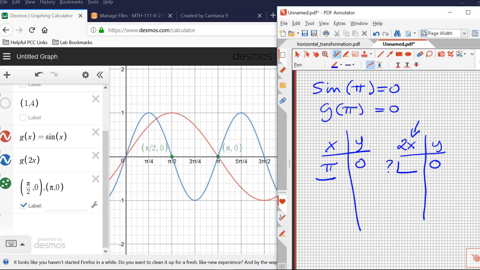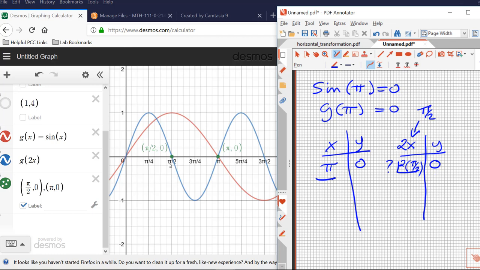Well, it appears that if I entered pi over 2, that would do the following: pi over 2, times 2 is pi, and sine of pi is 0.